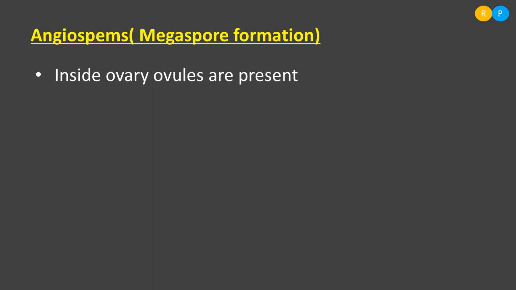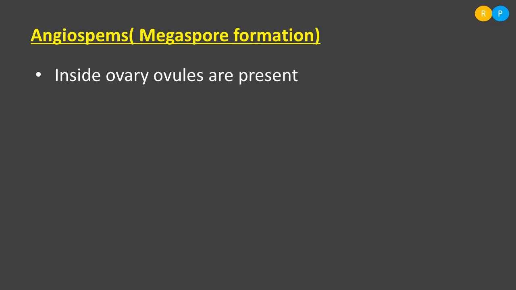The ovule develops a structure during the time of reproduction that is named the megaspore. So, how does the formation of megaspore actually take place? What is there within the ovule? If we take the transverse section of the ovule, we can see a number of diploid cells. Clear? All those diploid cells together are named the nucellus.